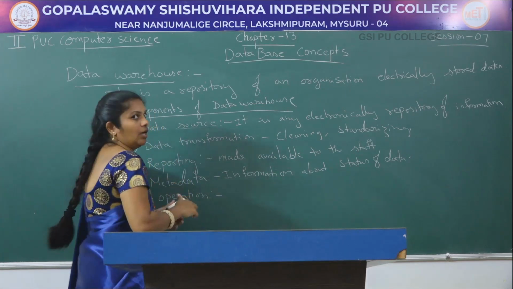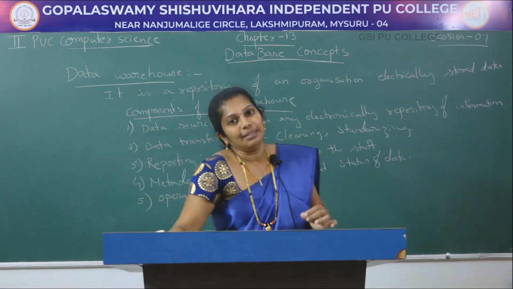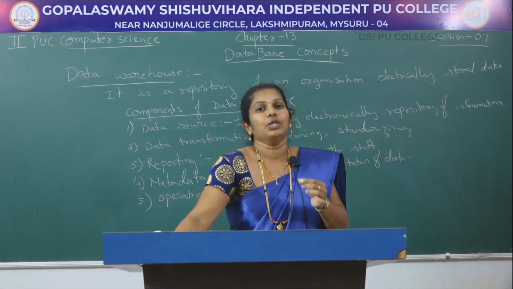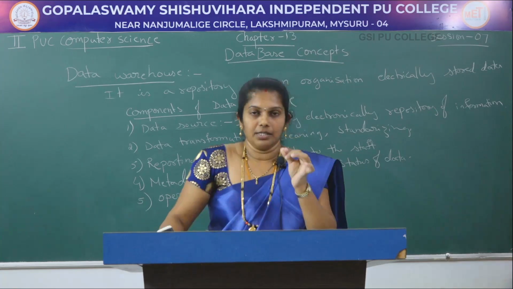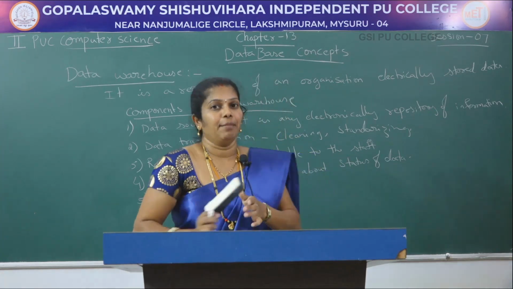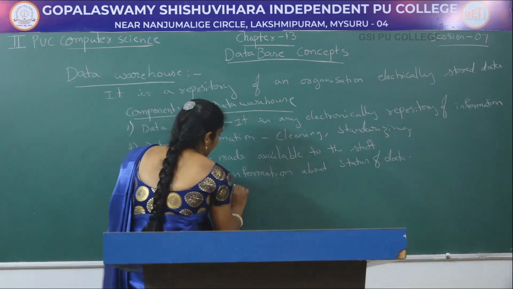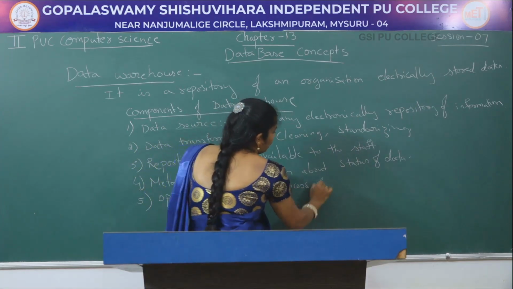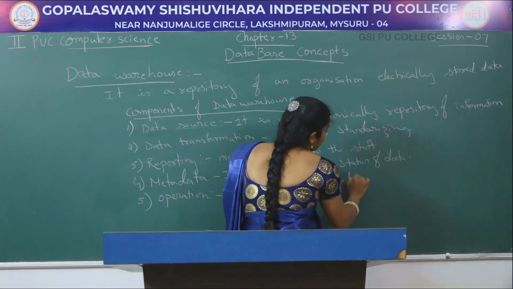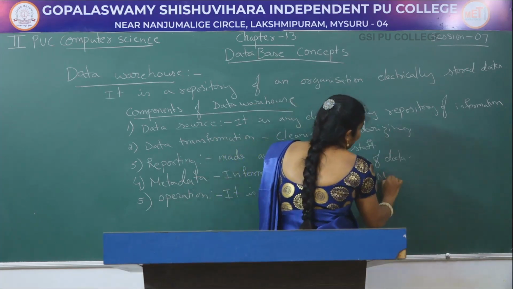And the last stage under the components of a data warehouse is operations. These operations will manipulate whichever data we want; we can process it here. It is a process of loading and manipulating.